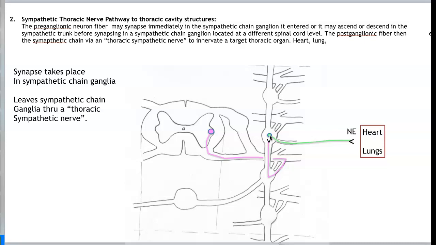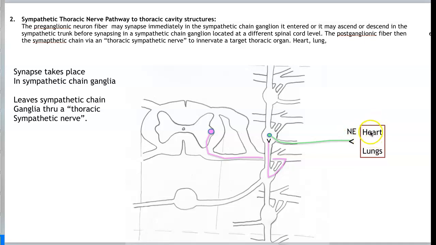The postganglionic neuron axon is going to leave through that thoracic sympathetic nerve, and that's just going to carry it to either the heart or the lungs. And it's going to release norepinephrine at those structures. What's the action of the sympathetic on the heart?